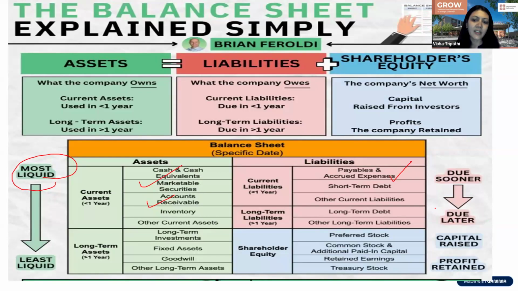And of course, like I said in the first slide, this is the capital that is a contribution of the owner plus what you have retained in the business. So that is largely your balance sheet.